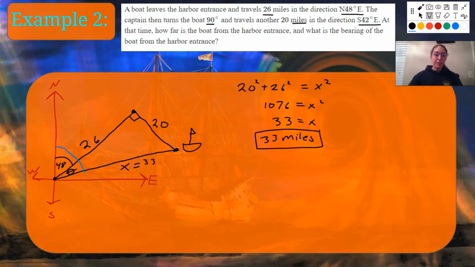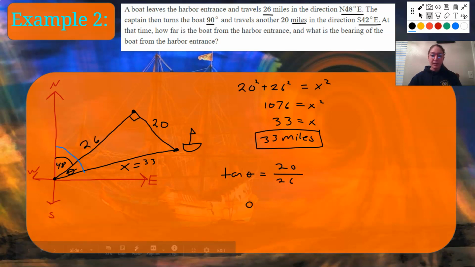The second question is the bearing to the harbor entrance. So now I have to figure out theta. So this is my second part of my problem now. Well, I have a right triangle. I'm just missing an angle. This sounds like some inverse trig. I have all sides of my triangle now, so I can just use my favorite trig function. I'm going to go tangent. So tangent of theta is equal to the opposite side of theta over the adjacent side of theta.